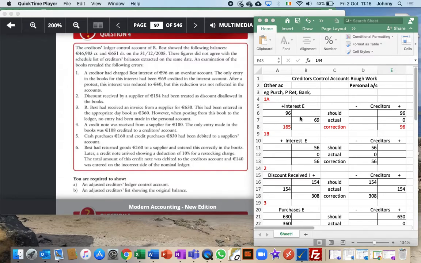Now, with fixing the interest, I should have had 96 in here. I put 69 on the wrong side because it says the only thing I did was 69 credit to the interest account. Now, if I can just talk you through how you should sometimes fix a mistake. Imagine you're doing a piece of maths homework, or history homework, or Irish homework, and you know at the end of it it's bad.